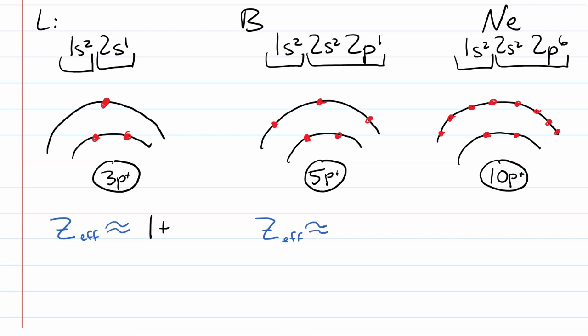Basically, these inner level electrons cancel out the effect of 2 of the protons, so in effect any one of these valence electrons is still seeing 3 protons, or a nuclear charge of 3 plus. What would the effective nuclear charge be for this last one?